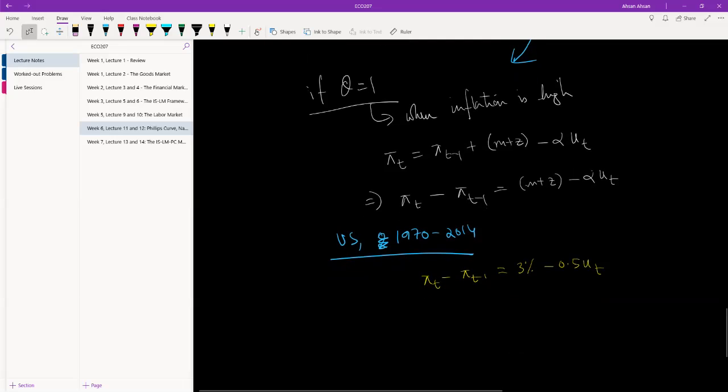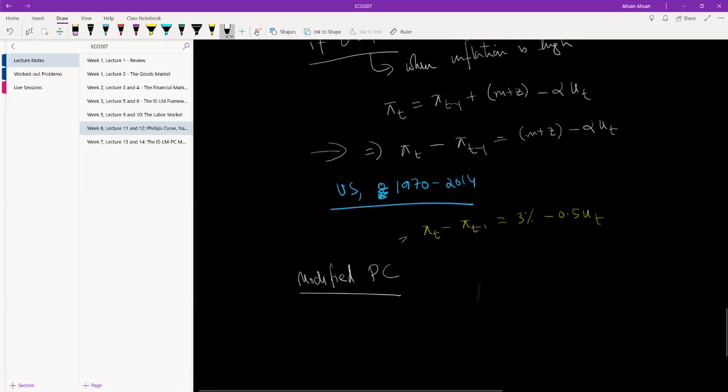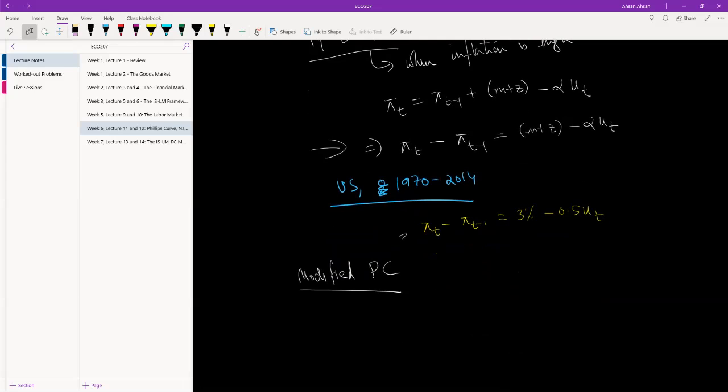So this is the modern version of the Phillips curve. Note this is just an example. This is the modern version of the Phillips curve, the modified Phillips curve. And the traditional Phillips curve told us that there was a relationship between unemployment and inflation.